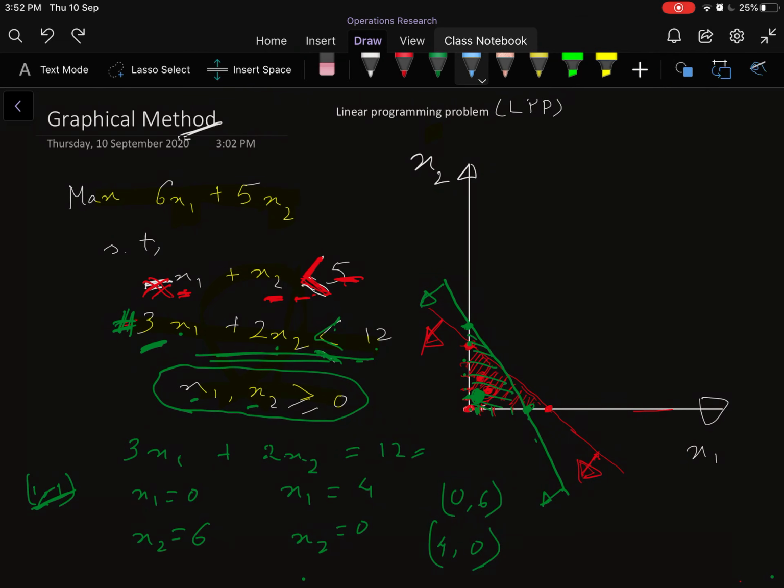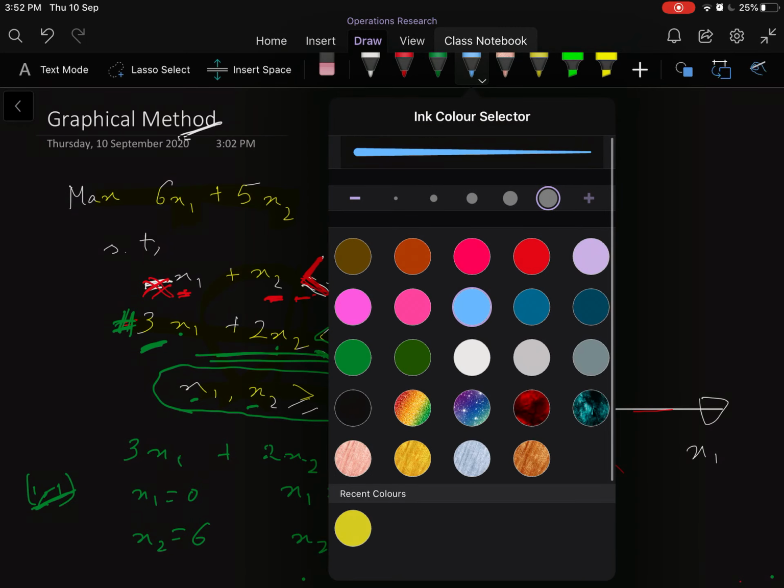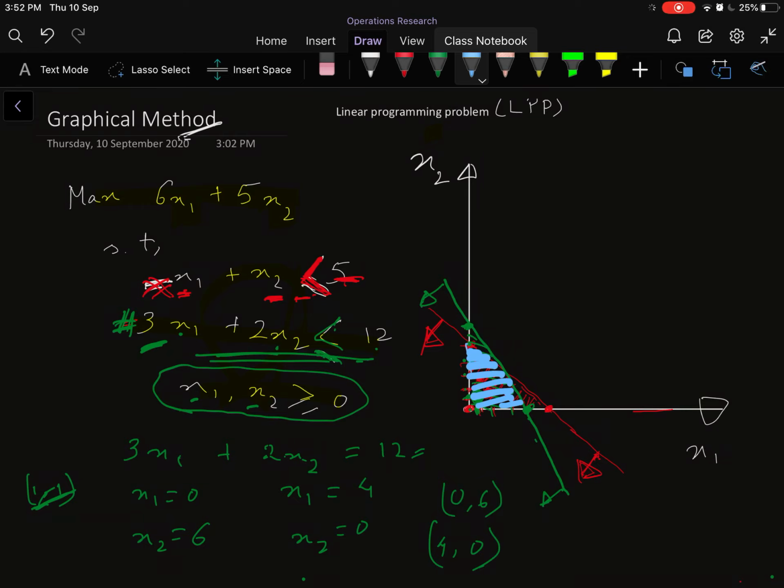We can draw the region which satisfies all these constraints, and that would be this particular region.